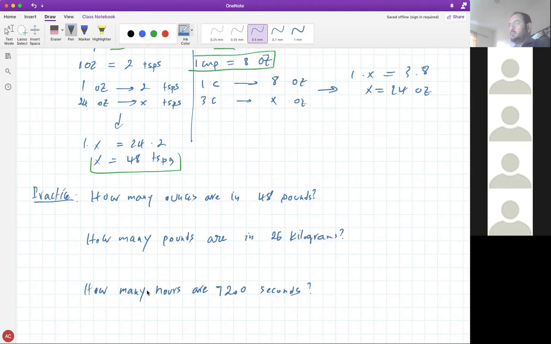So hours, how many hours are in 7,200 seconds? So this is hours to seconds. You may want to use an alternative unit. So we don't have a formula for seconds to hours directly, but you can use an alternative. I'll give you a hint. You can turn that to minutes first. So we have seconds, maybe turn them to minutes, and then turn the minutes to hours. Because again, there is a formula, but we didn't write it. We didn't have that directly, but you can definitely use an alternative unit.